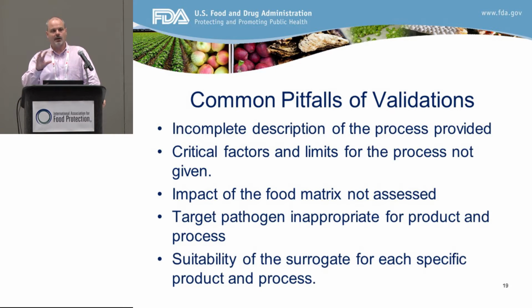There are undoubtedly going to be product groupings and conditions where a surrogate may be able to be used across those platforms or across a group of foods, but we don't have a wealth of information there when we use surrogates in many cases. And so it's really important to make sure that you have justified the use of that surrogate.